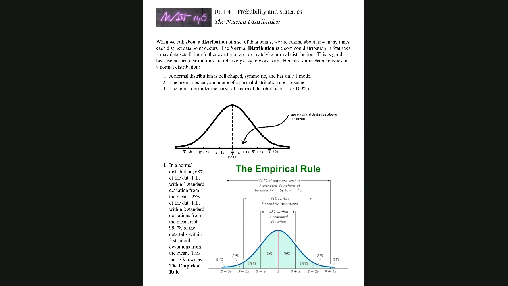Now remember, it's bell-shaped. We had a histogram that we called bell-shaped, and we said that most of the data points in that histogram were close to a middle data point. I said we'd talk more about that later. Well, that middle data point is the mean. So if you have a histogram that is bell-shaped, then you probably have a normal distribution.